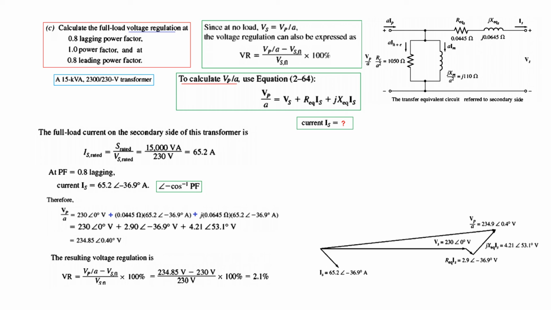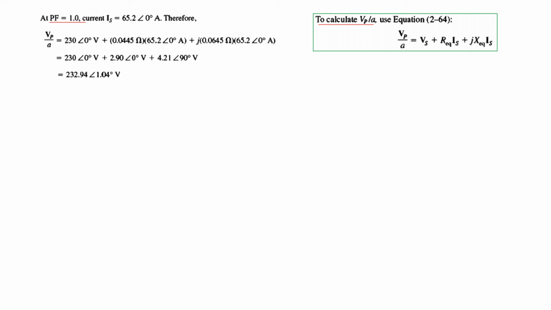regulation is 2.1%. Now let's see for the other two. Same technique. At unity power factor, the current will have a 0 degree angle. So 230 plus this multiplied by R equivalent for the real part, and then the imaginary part multiplied by the angle. Again, we get 3 terms.